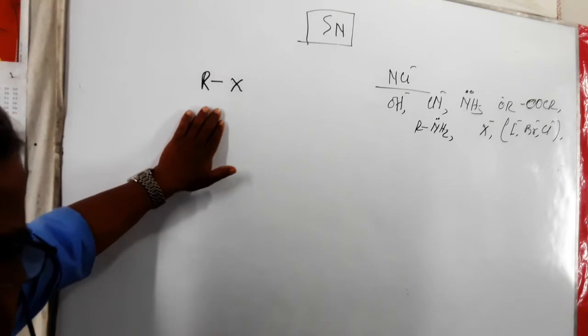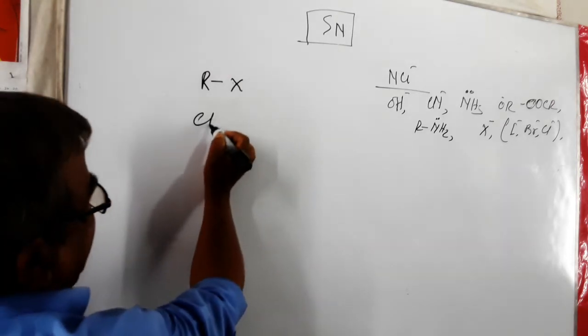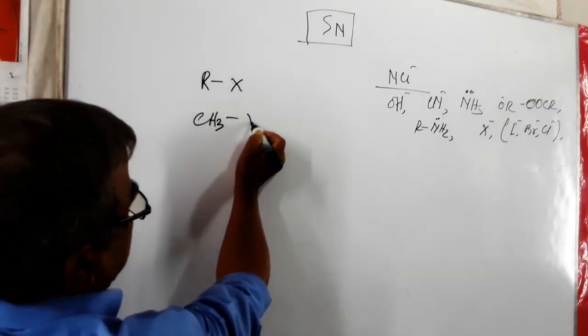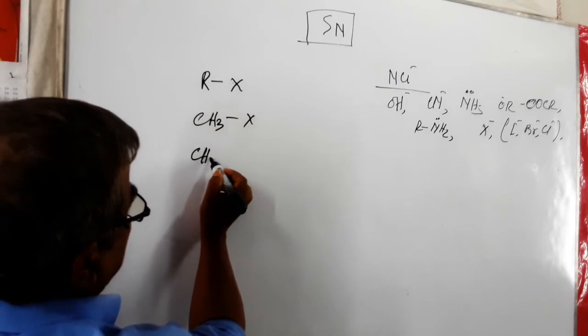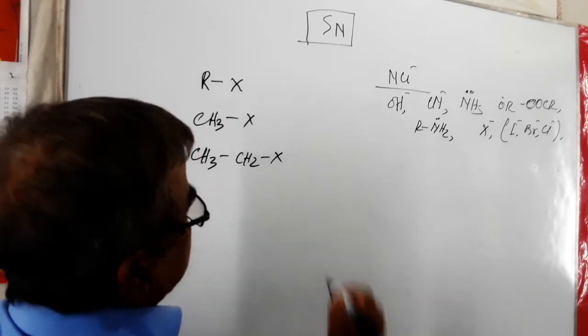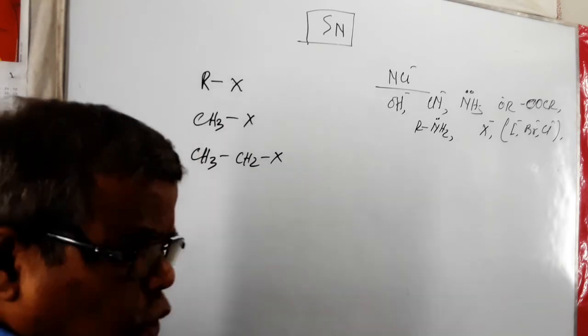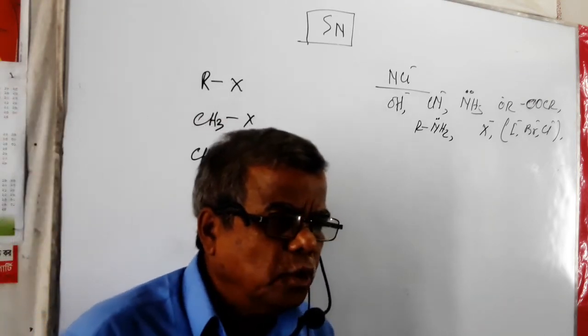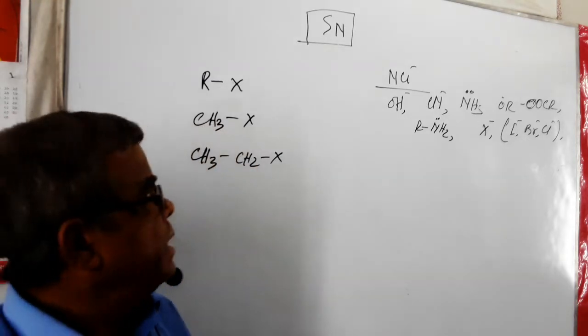This alkyl halide may be methyl halide, ethyl halide, that is, when carbon is 1, it will be methyl, when carbon is 2, it will be ethyl, and so on.